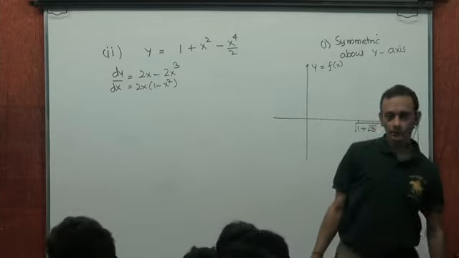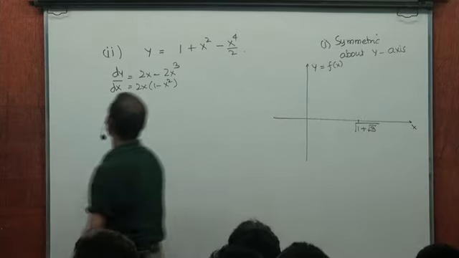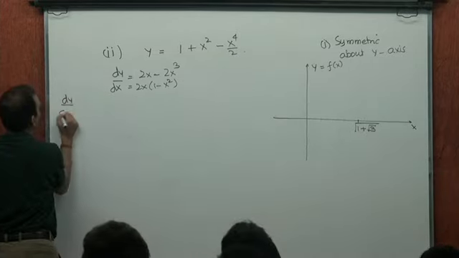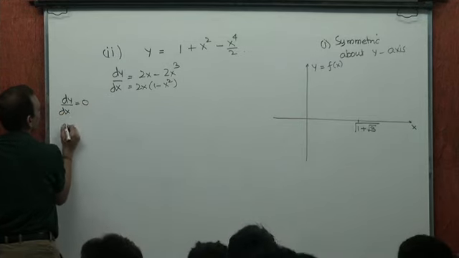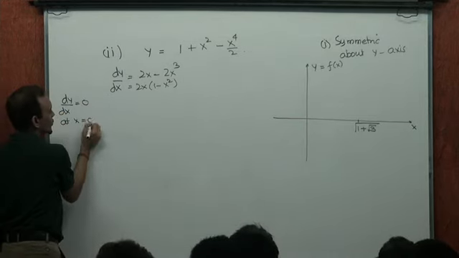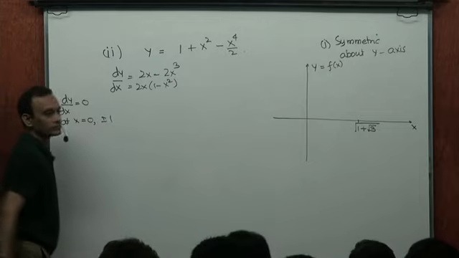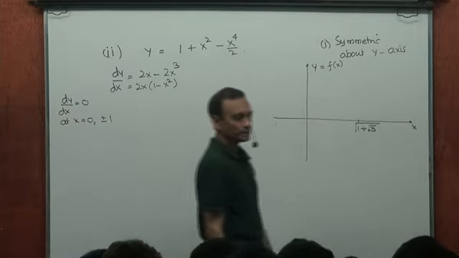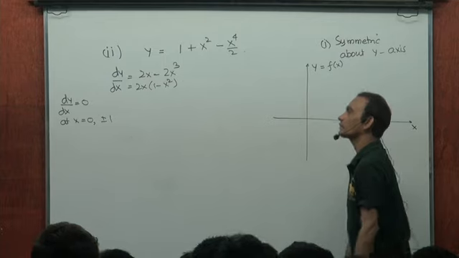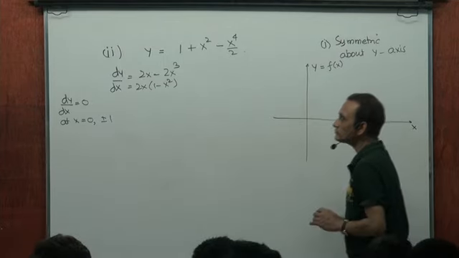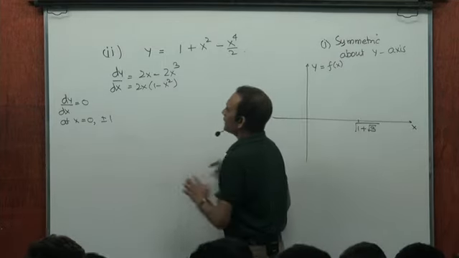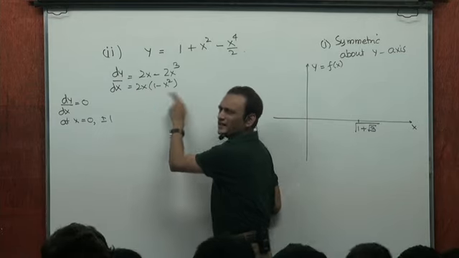The critical points are dy/dx = 0 at x equal to 0 and plus minus 1. When x is 0, dy/dx is 0.